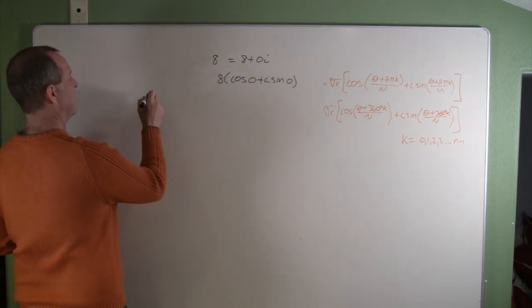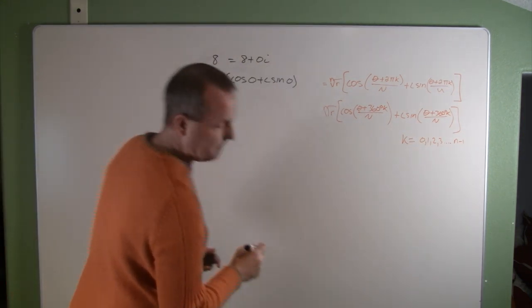So I want to find my first value, z naught.